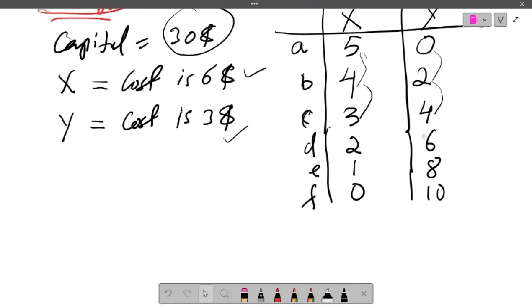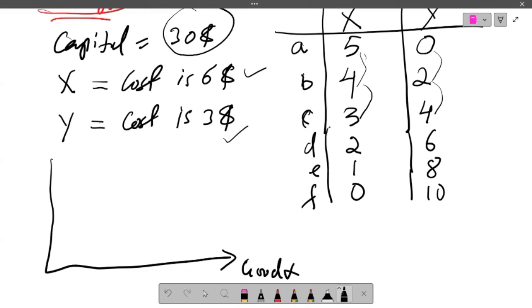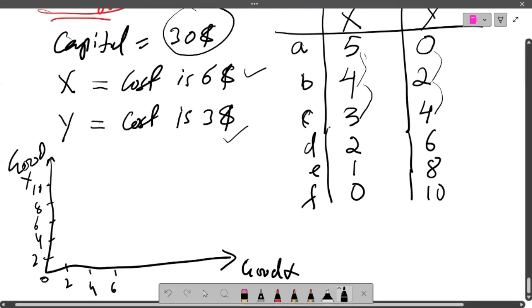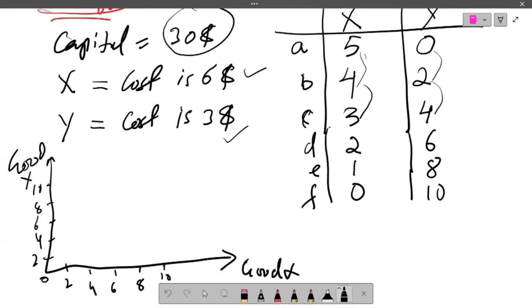So when we draw the diagram of it, this is good X and this is good Y. Let's suppose 2, 4, 6, 8, 10.